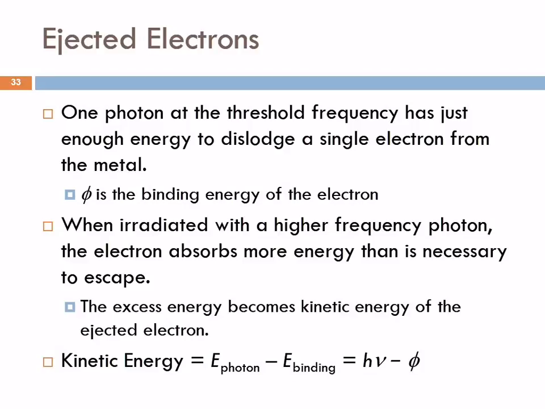Well, you have that available to buy stuff at Disneyland. So it's the total amount of energy minus what it took to kick the electron off. The rest of the energy is kinetic energy of the electron. So the electron's going to be moving faster if there was more energy. The energy of the photon is h nu, and phi is the energy that was binding the electron to the metal.